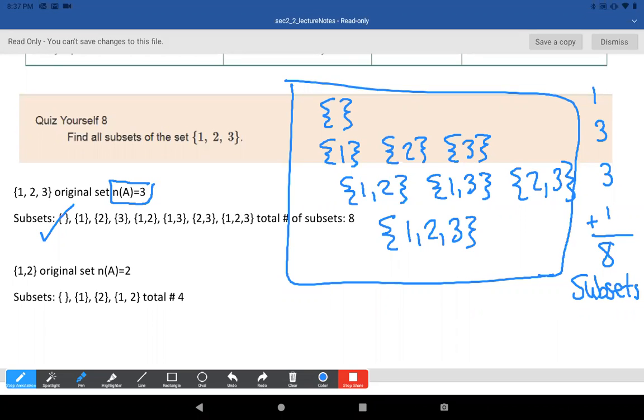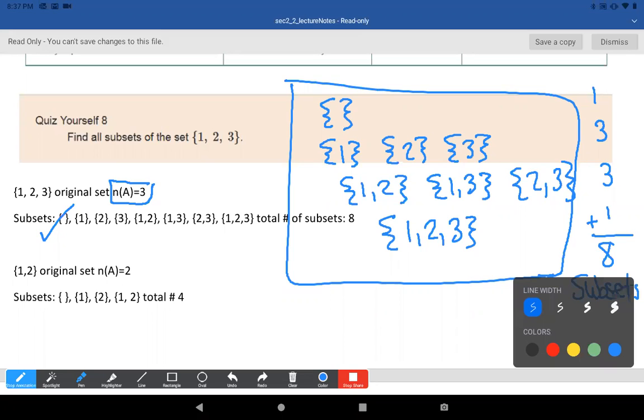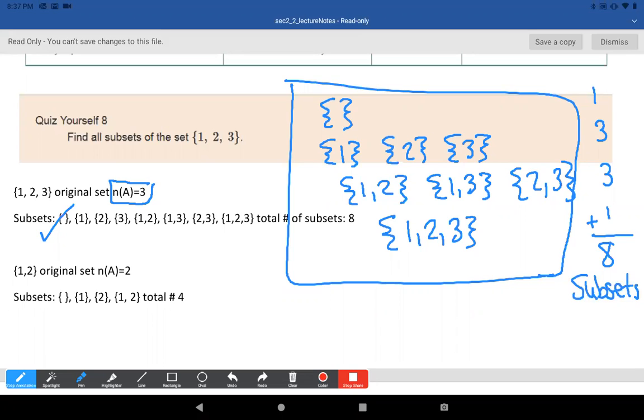If we then look at a set of size 2, how many subsets can we form out of a set of size 2? Well, even looking at our list before, we can cross out anything with a 3. And then we have our list here.